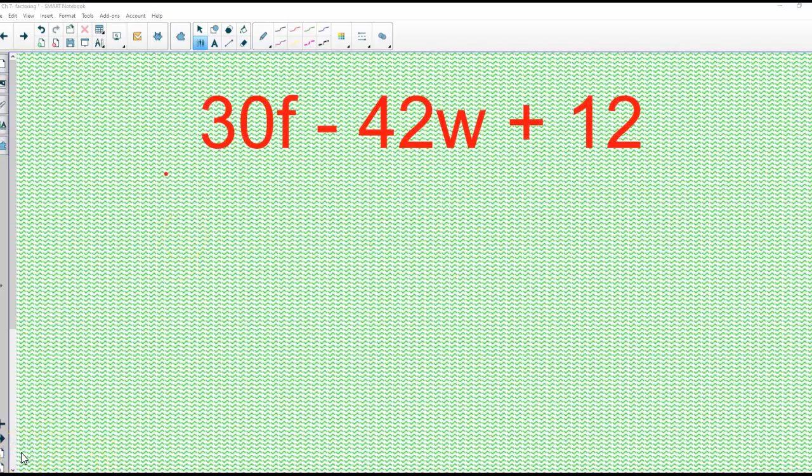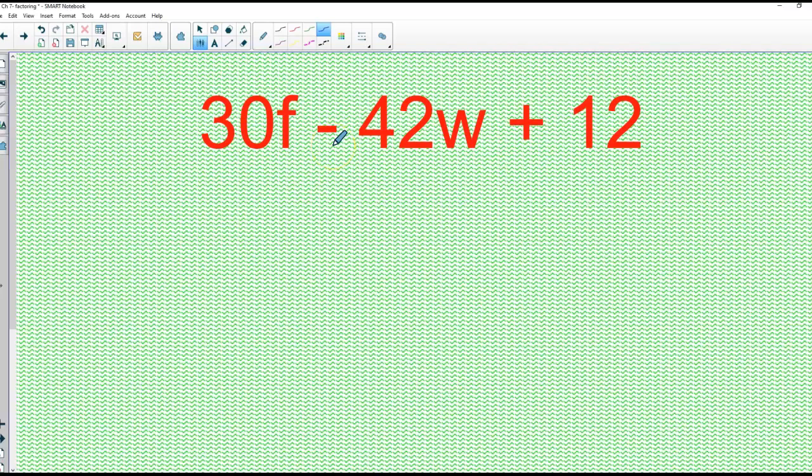Okay, here's another expression for us to factor. So before we do anything, let's just take a glance at our data here. So this has a +30f, a -42w, and a +12. So we have different signs. They are not all negative.